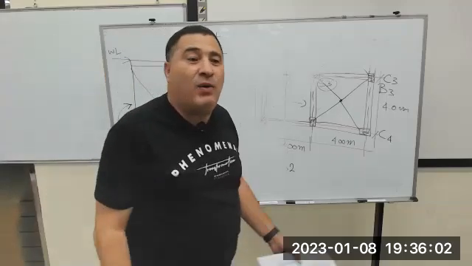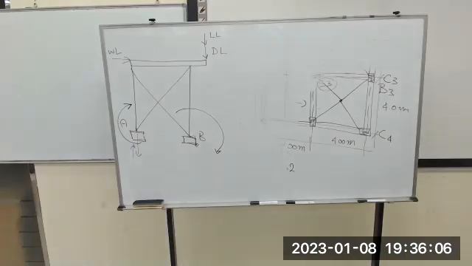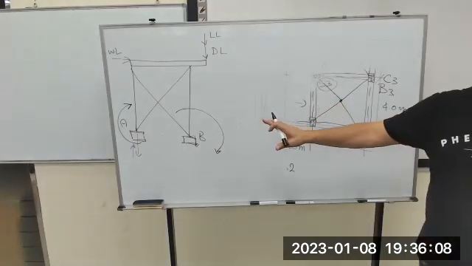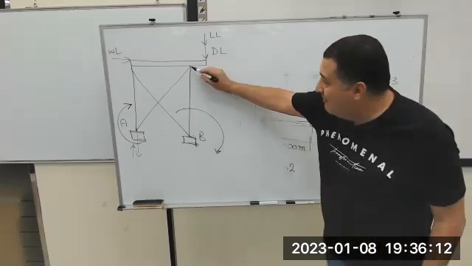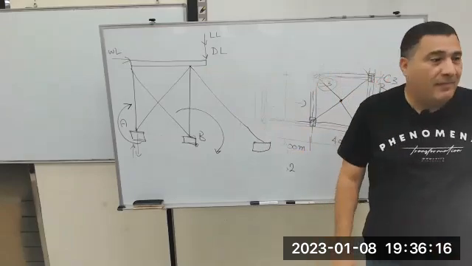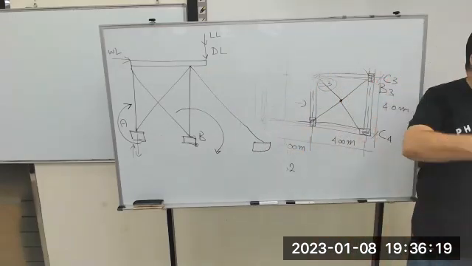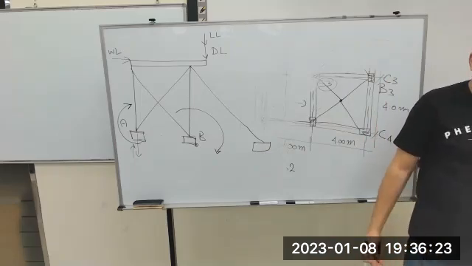To avoid overturning, what do you have to do in this system? Very simple system, very simple. What do you have to do? Number one, correct or not? What else?